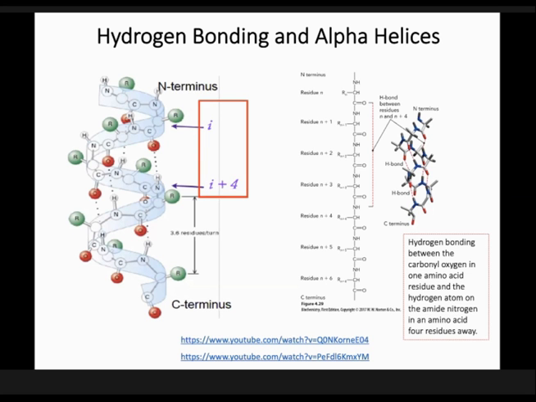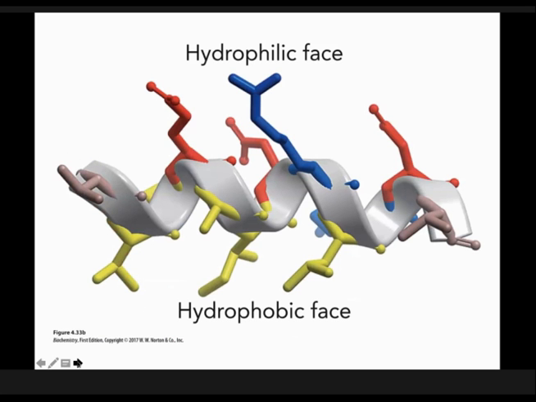Certain proteins will have a lot of alpha helix. We're going to cover some of the examples. This is what the video shows you, that in some alpha helices one side will be hydrophilic and the other hydrophobic.